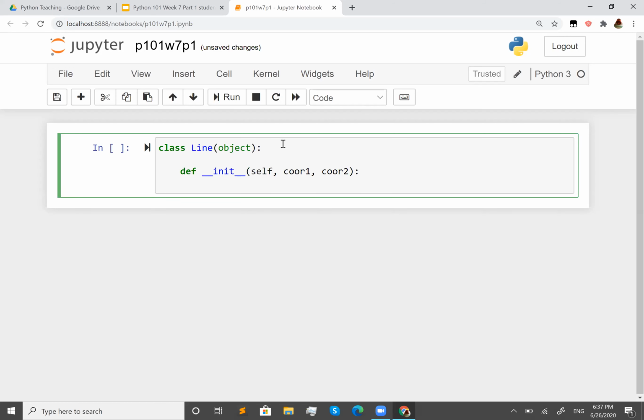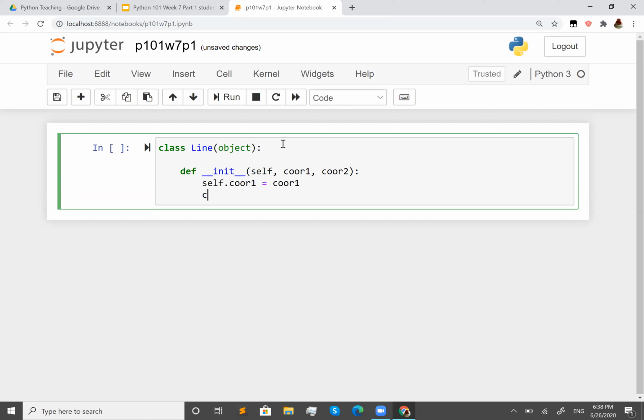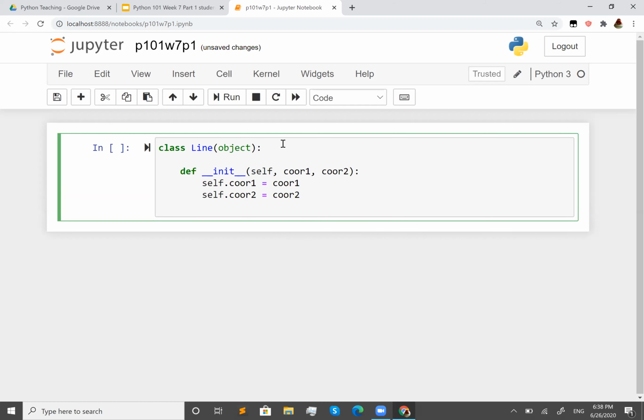Now, we can set self.core1 equals core1 and self.core2 equals core2. Now we've defined our core variables and we're ready to find the distance and the slope. So we're gonna find the distance and slope of this machine.